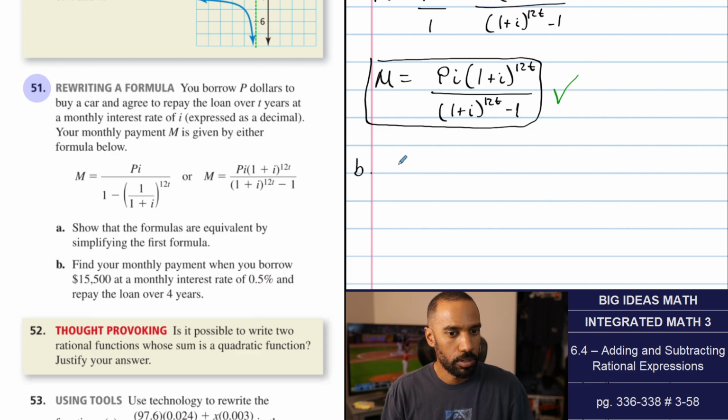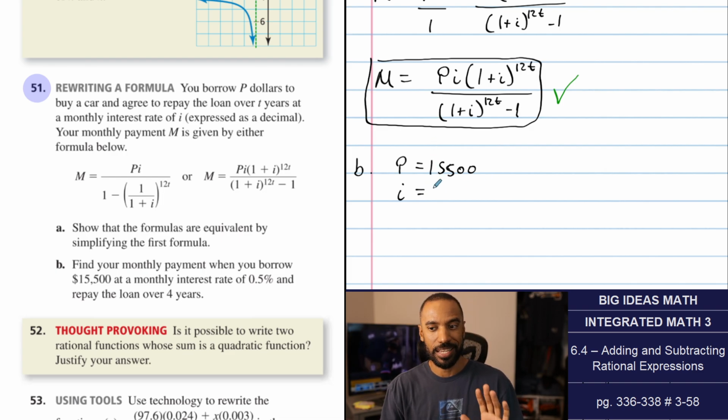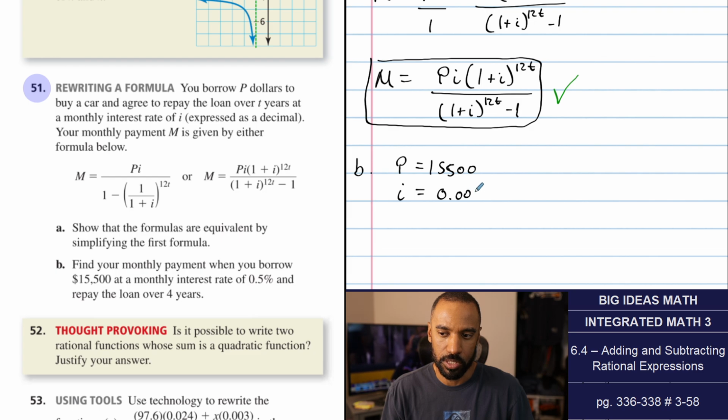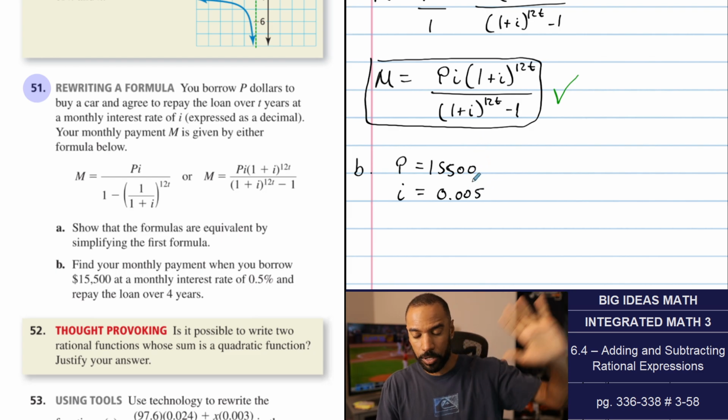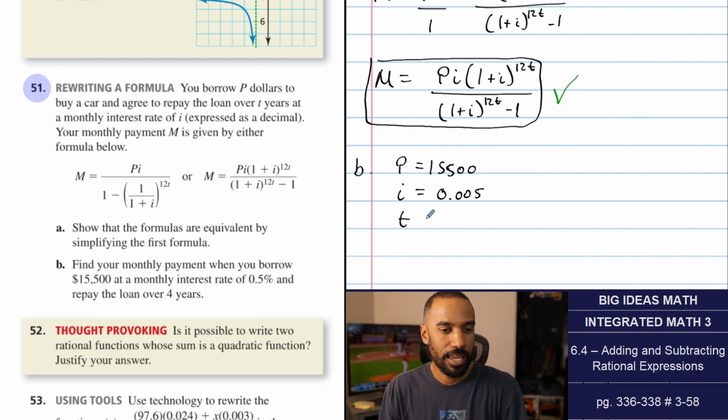P is how much I borrow, so 15,500. i is the interest rate expressed as a decimal. Now 0.5% is not the decimal equivalent. We have to write 0.005. That's the version when you divide by 100, shifting it 2 decimal places to the left. t is in years, and this is over 4 years. So with these 3 things, we're going to solve for m.